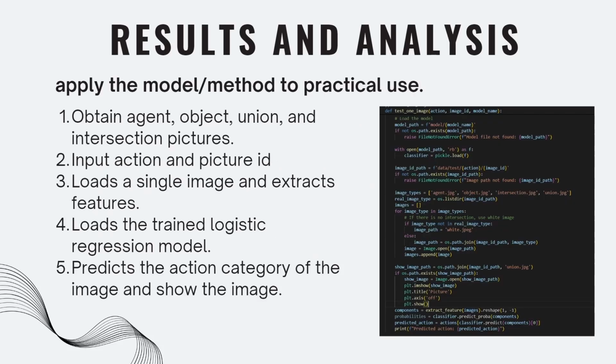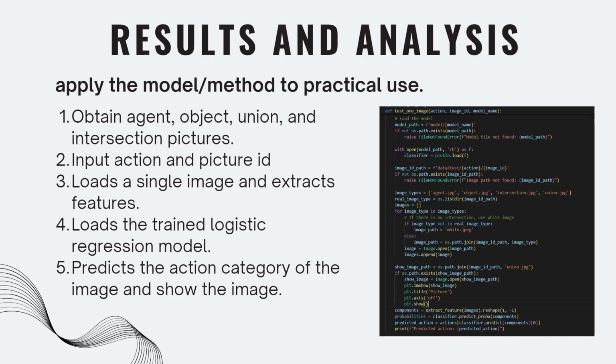Now we are talking about our practical use. First, we obtain the agent, object, union, and intersection pictures and put them in a specific folder. We input the action and picture ID, and the code will load the single image and extract features, and it will load the model we choose.